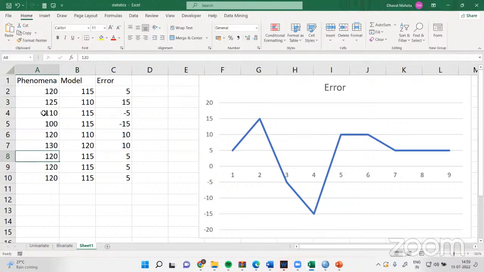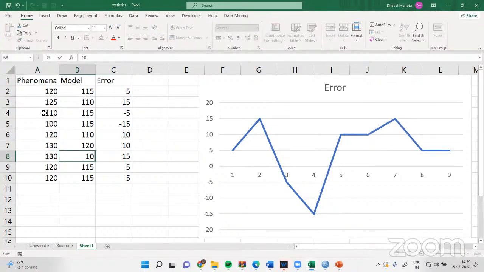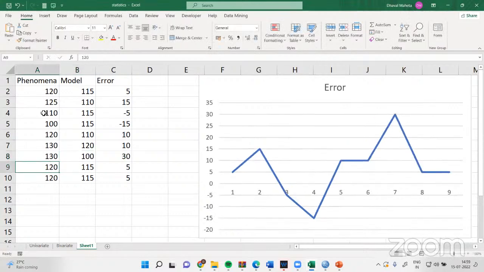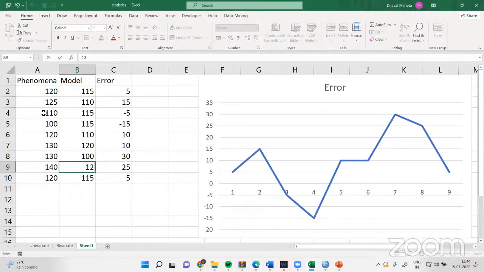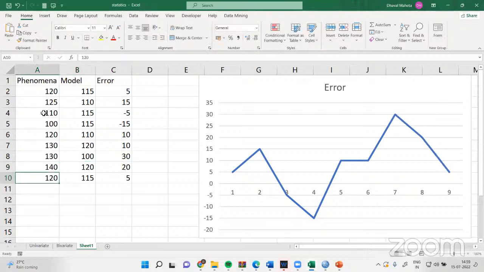Here the prediction was 130, but I got 100. And here the real was 140 and the model gave 120. Here again the actual blood pressure was 125 and it was measured as 130.